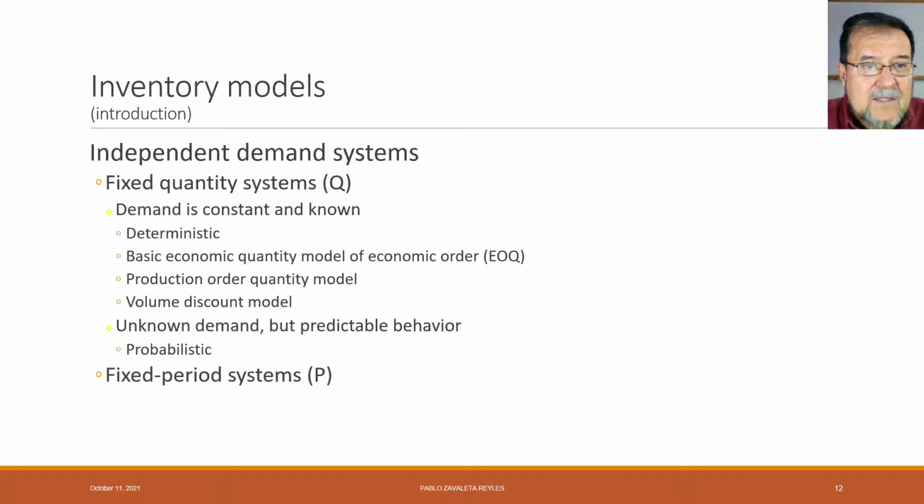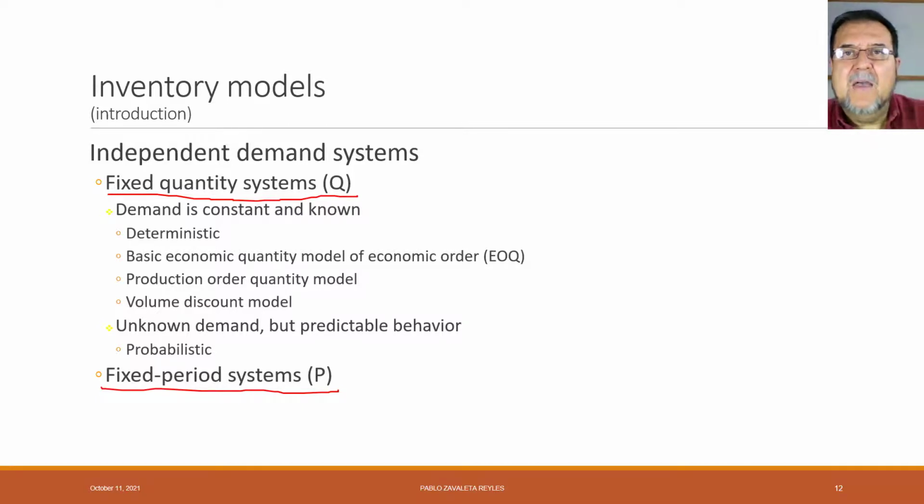The other, as we said, if the first one was the fixed quantity systems, this second one is the fixed period systems. In this case, every single time we buy different quantities. A very good example of this happens at our homes.